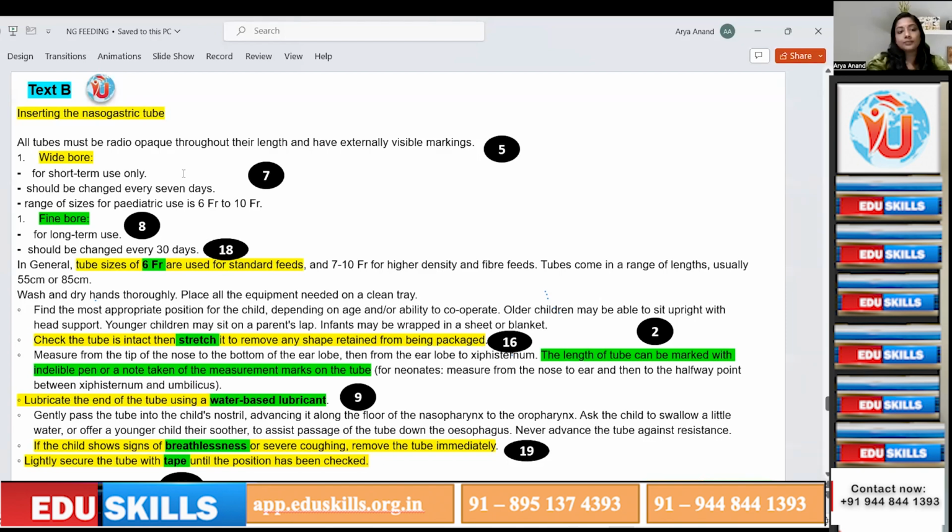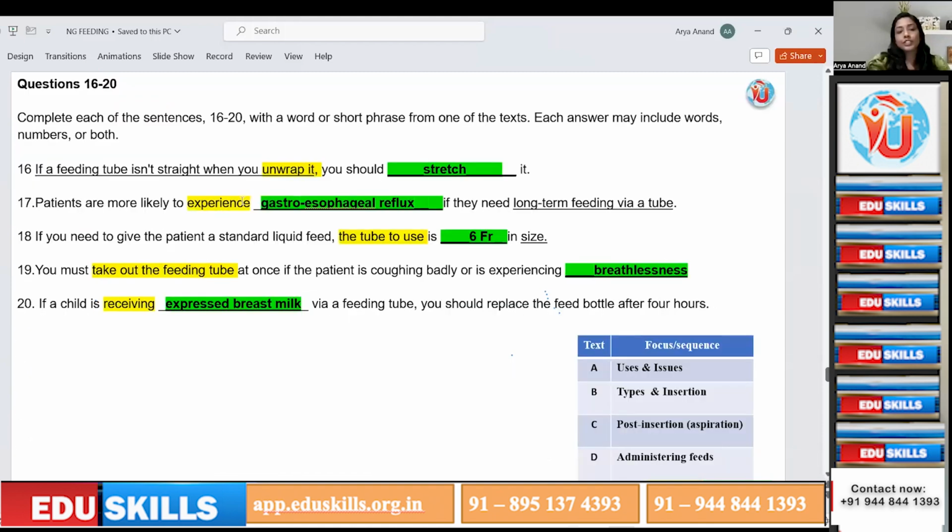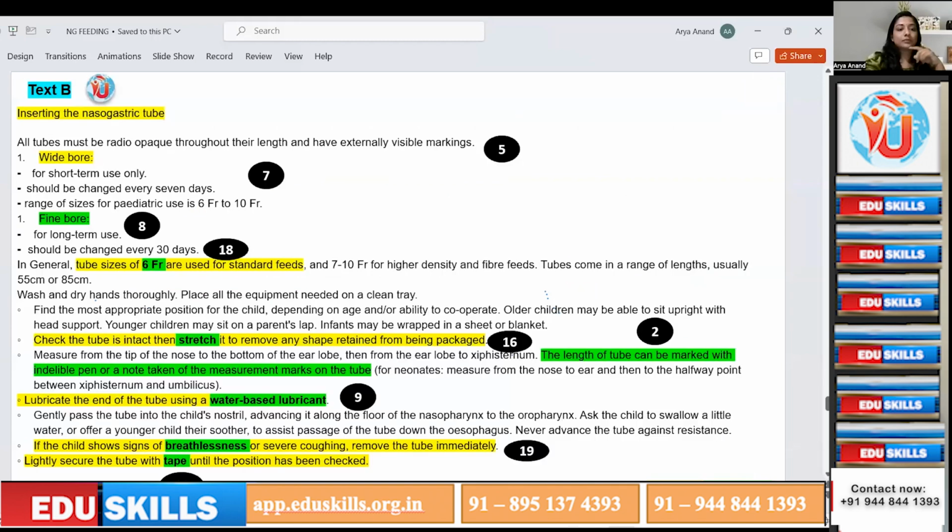When you open the packet, usually the tube will not be straight, so you need to stretch it, correct? Here you can see, check the tube is intact, then stretch it to remove any shape retained from being packaged.